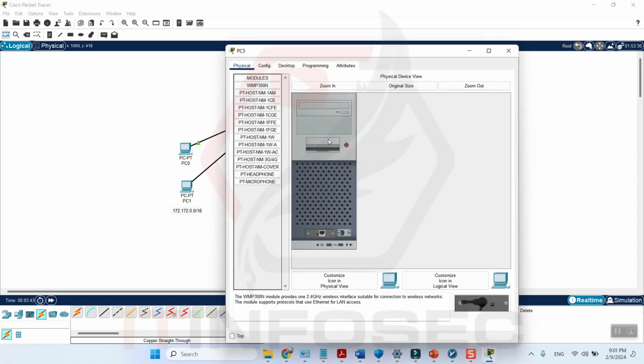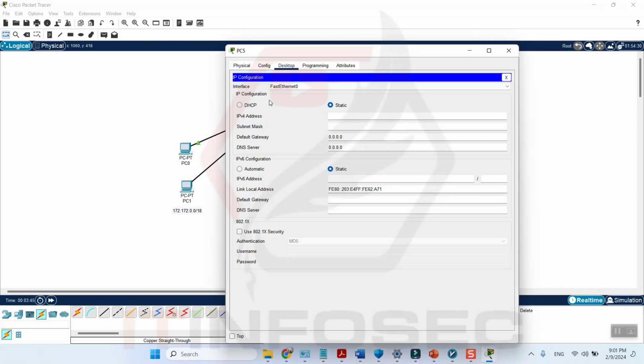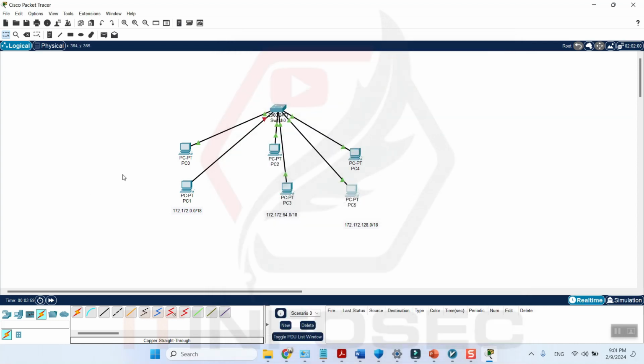And the last PC is configured as 172.172.128.2, with its subnet mask. Well, let me check why this is not connected.